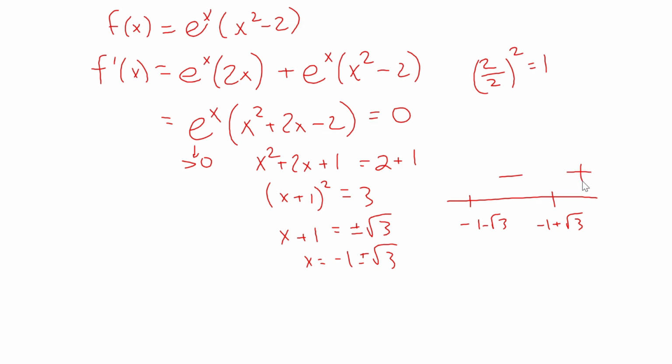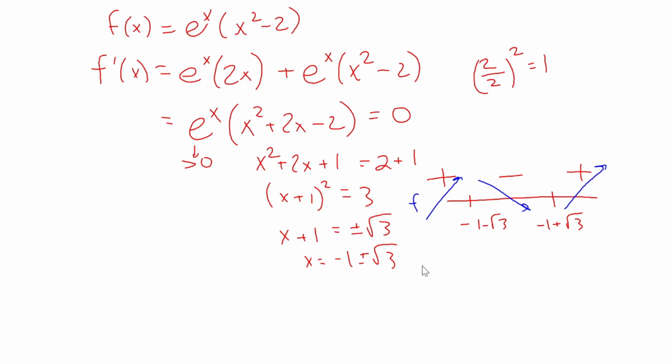And the same when we do a negative a billion, because the negative a billion squared becomes such a large positive that it dominates the rest of it. So our function f goes from increasing to decreasing to increasing, telling us we have a max at negative 1 minus root 3 and a min at negative 1 plus root 3.